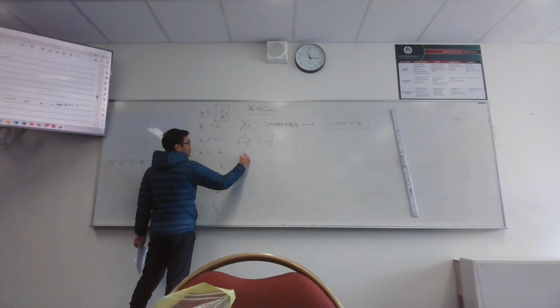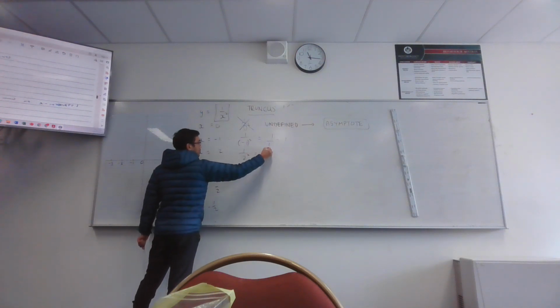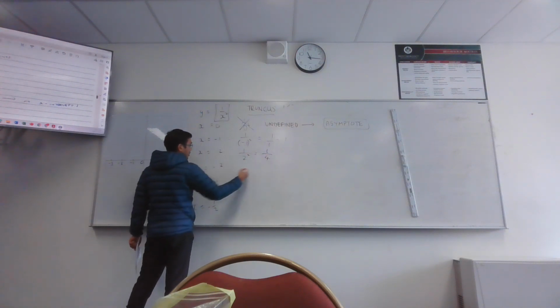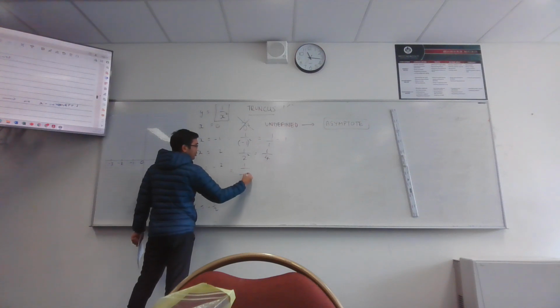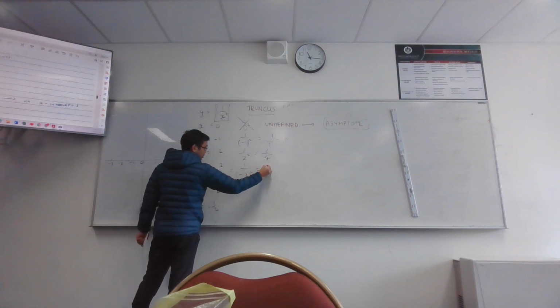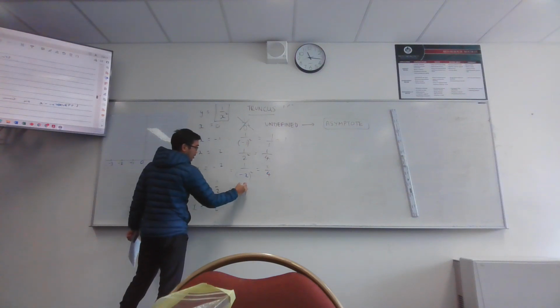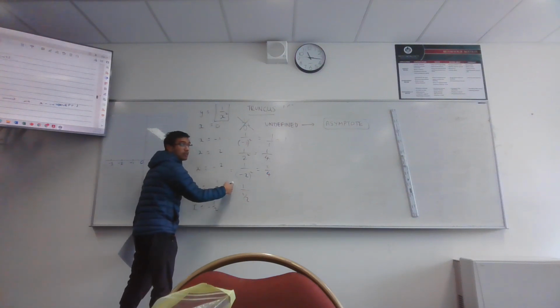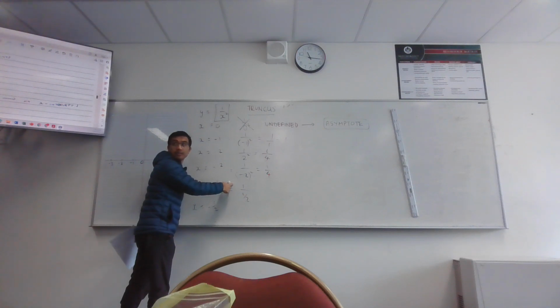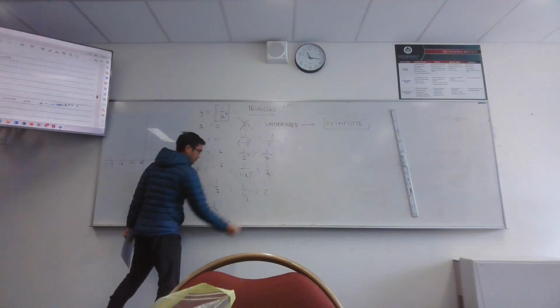Okay, so 1 on 2 squared is 1 on 4. What's 1 on (-2) squared? 1 on 4, 1 on 4 again. Okay, so 1 on half. How many halves are in 1? 2. Thank you, Zaid.